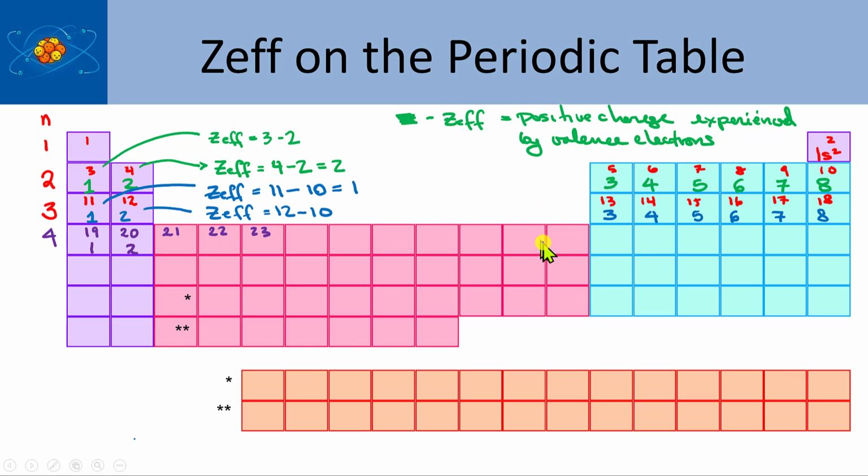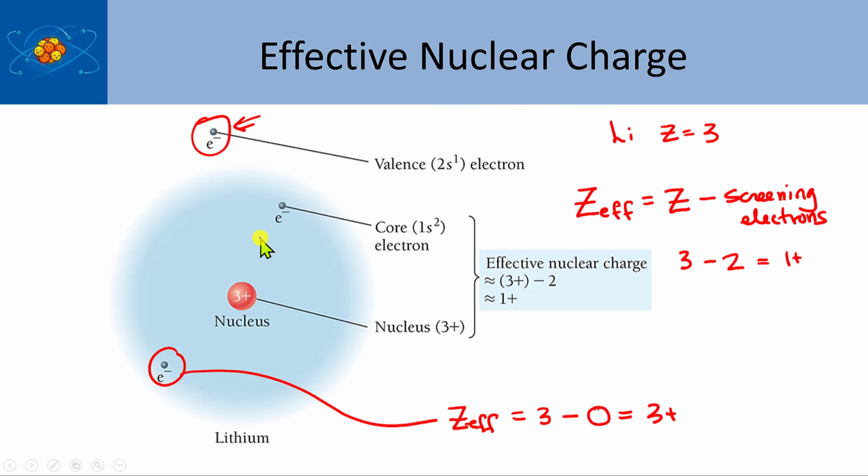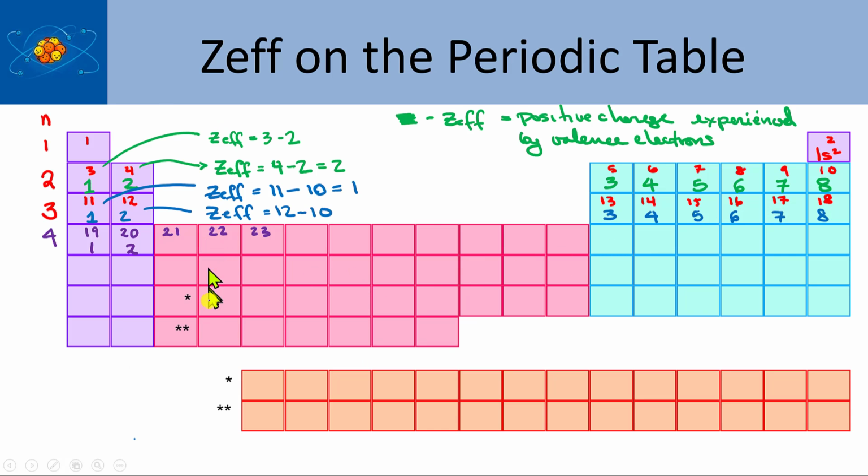We do see trends, but the relationship of the trends is a little bit more complicated. One of the complications is the idea that here the screening of electrons, we just say it's a one-to-one correspondence, that I have one electron and it screens one nuclear charge. That's not as true. It's actually less true for the transition elements.